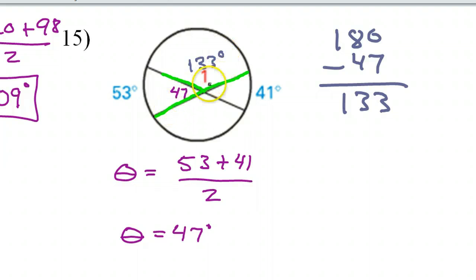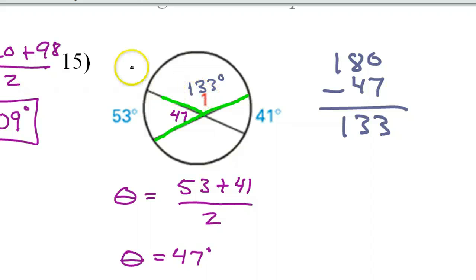And check it: these angles form a straight line together, and together they make 180, so it makes sense. That's the answer to number 15. I had to actually use angle 1 this time, but the measure of angle 1 is 133 degrees.